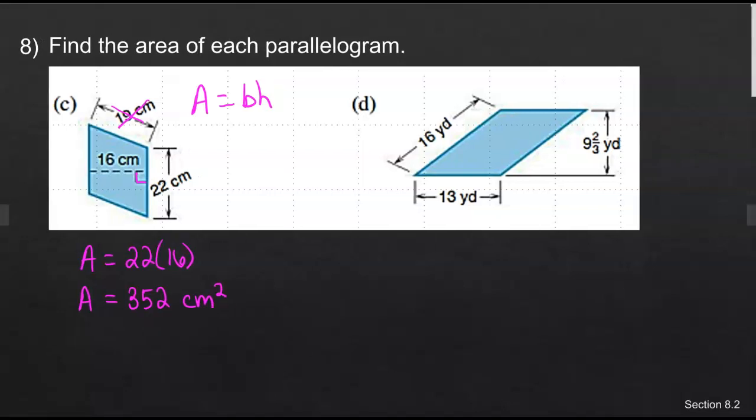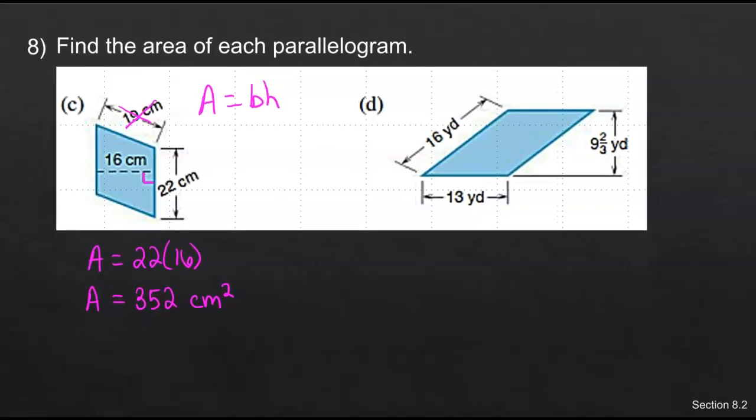Okay, let's look at the next one. So same thing, we're going to do base times height. And we don't need that one, right? This is our height because it's perpendicular to the base. If you just extend your base out, you can see that, right? And it's going to be perpendicular to that base. That gives us then 13 times 9 2/3.